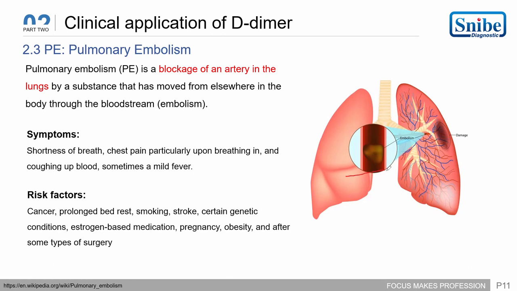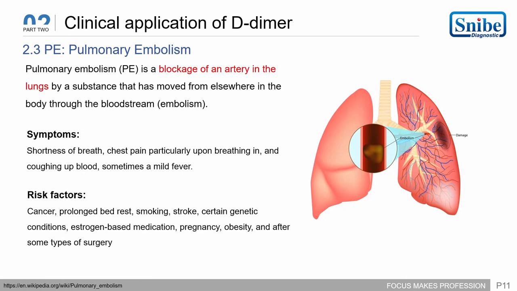Sometimes a mild fever is also observed. The risk factors are carcinoma, prolonged bedridden state, smoking, stroke, certain genetic conditions, estrogen-based medication for birth control, pregnancy, obesity, and some surgeries may lead to embolisms.